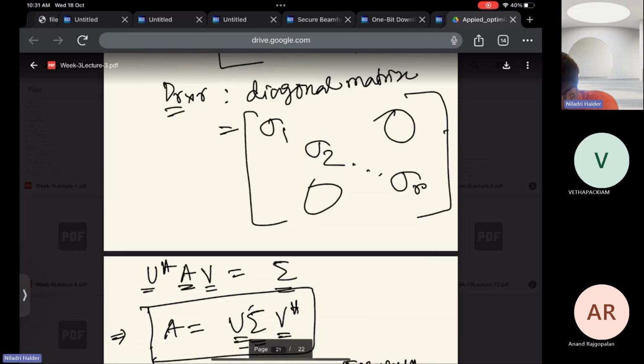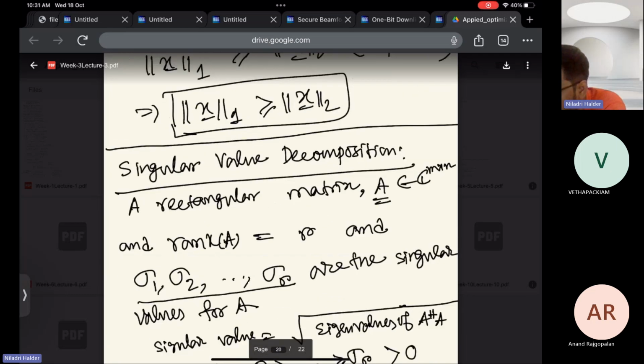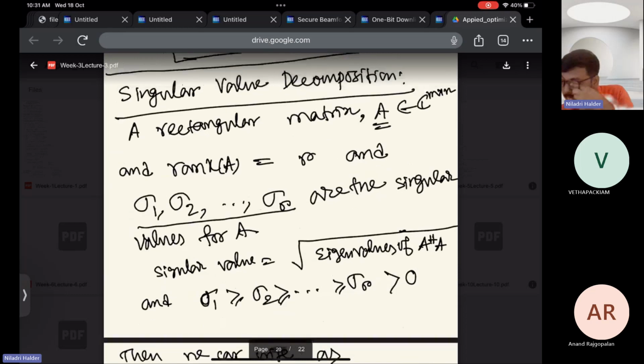Singular value decomposition is just one topic that will be helpful for later applications.